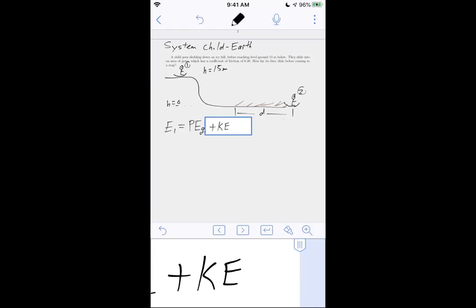Right. So I said, just to clarify my statement of the problem, that the child just starts from rest and sort of gently eases out onto the descent. So the kinetic energy to start is going to be 0.